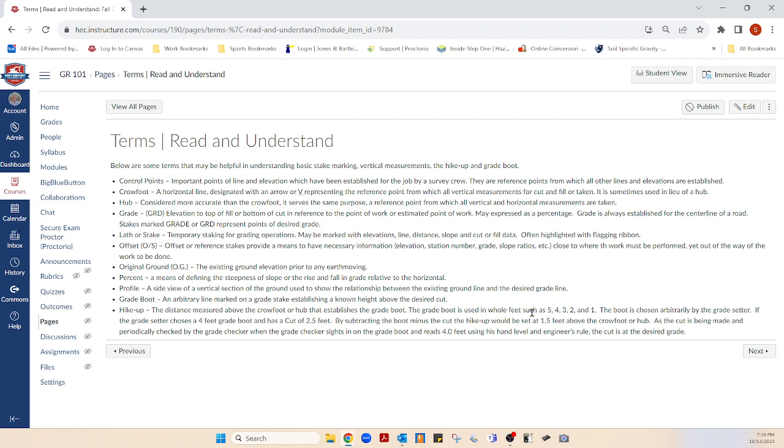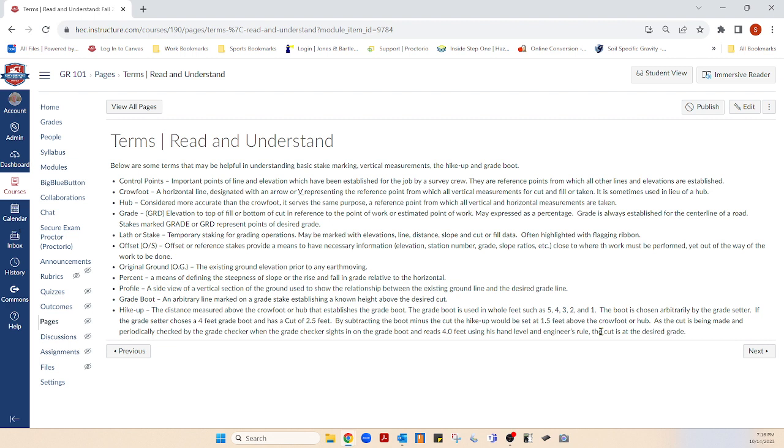The grade boot is used in whole feet, such as 5, 4, 3, 2, and 1, and is chosen arbitrarily by the grade setter. If the grade setter chooses a 4-foot grade boot and has a cut of 2.5 feet, by subtracting the cut of 2.5 feet from the boot of 4 feet, the high cut would be set at 1.5 feet above the crowfoot, and therefore 4 feet down from that mark would be grade, even though you're not there yet.